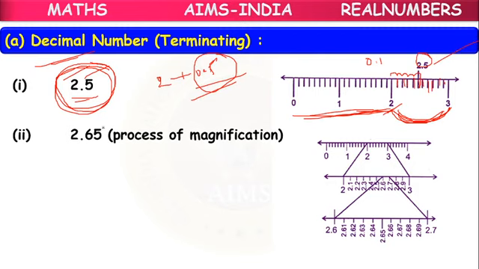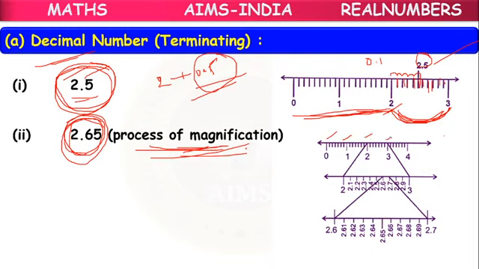Now 2.65 we have to represent by a process of magnification. This 2.65 we have to represent on the number line. First, on the number line we take values 0, 1, 2, 3, 4, because 2.65 will be located between 2 and 3.